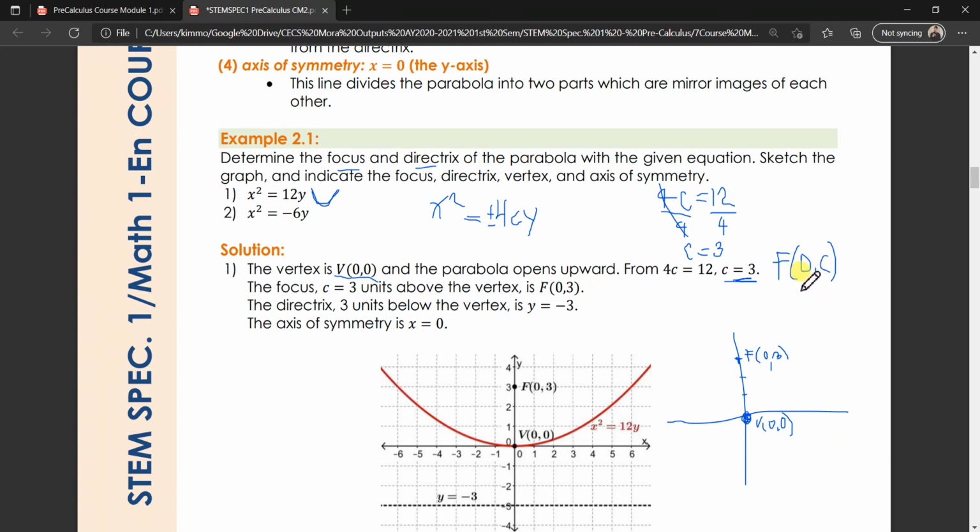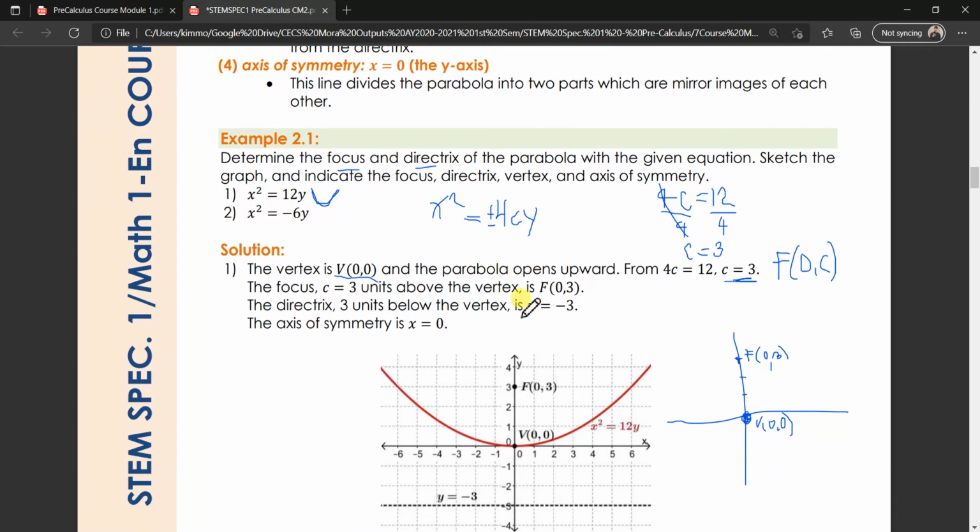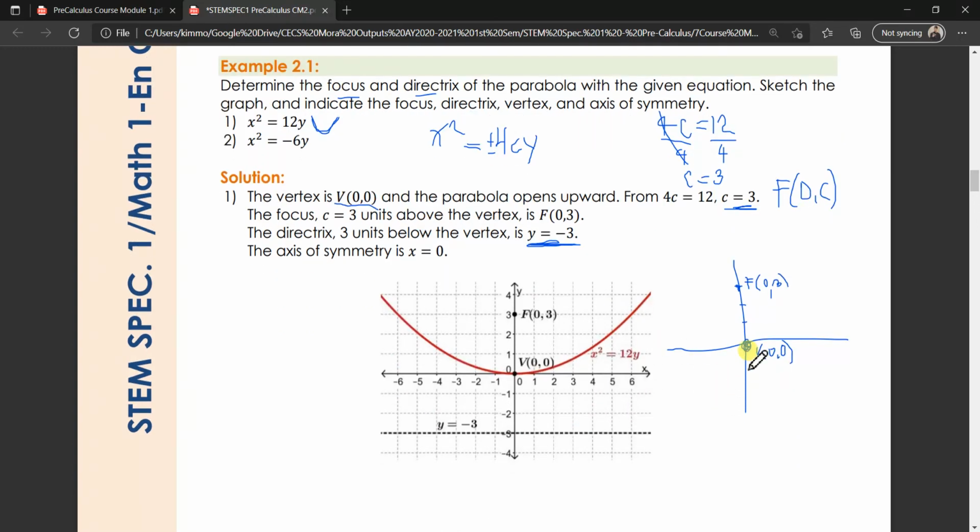Next is our directrix. So directrix again, if it is opening upward, then the equation will be y is equal to negative c, or that's simply y is equal to negative 3. So that is negative 1, 2, 3. So our directrix is on this side. It is difficult for our curve, because down here it will hit our directrix.